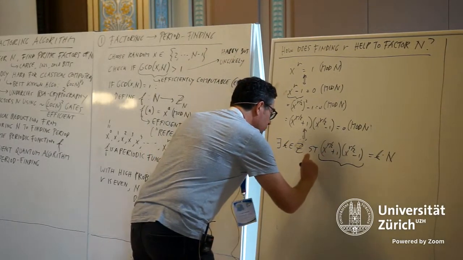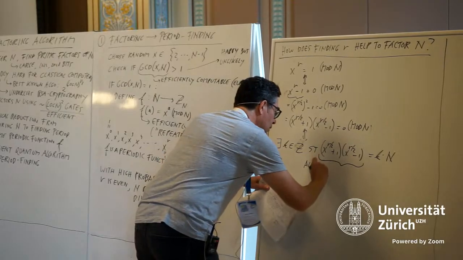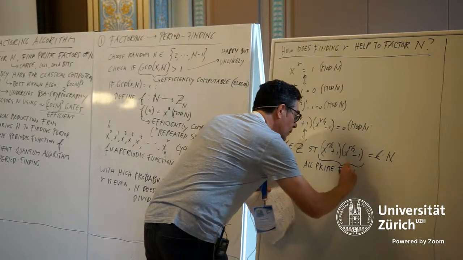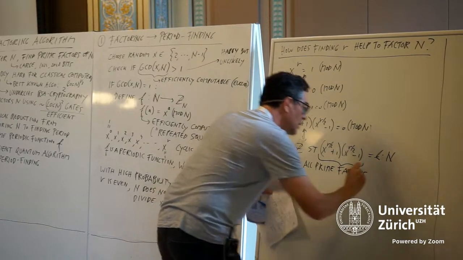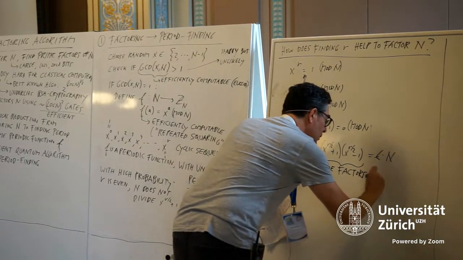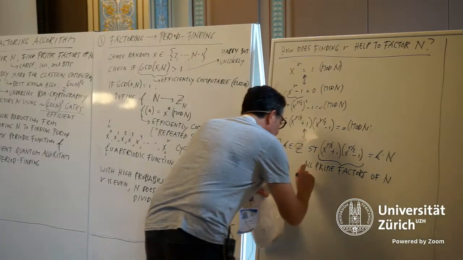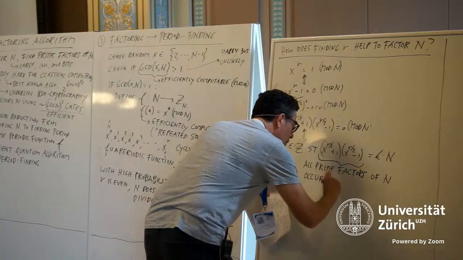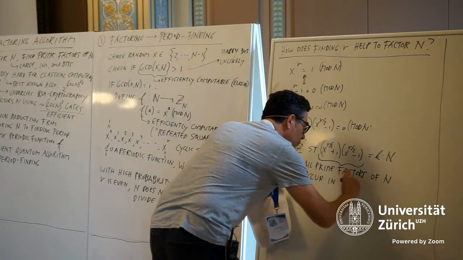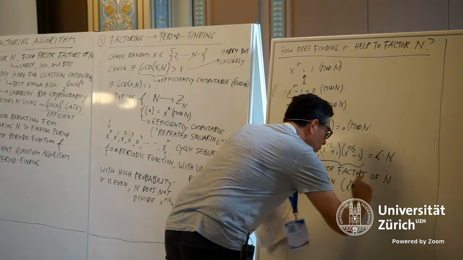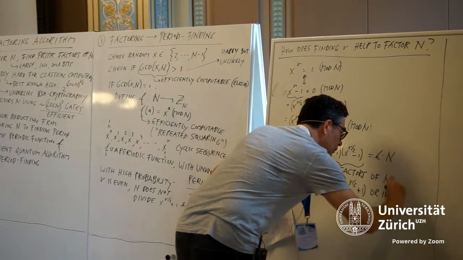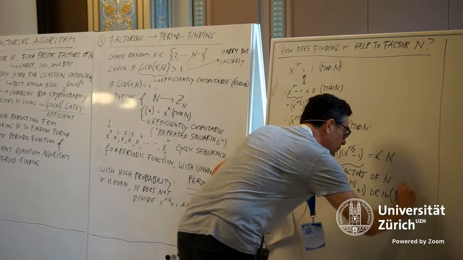All the prime factors of N occur in the number x to the r over 2 plus 1 or in x to the r over 2 minus 1.